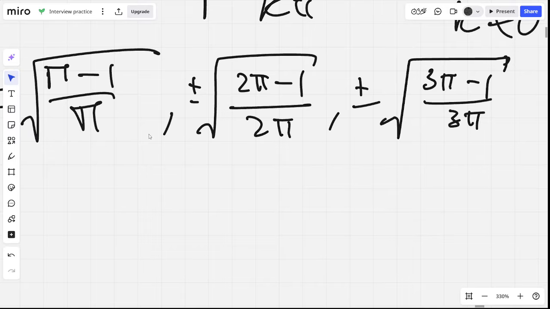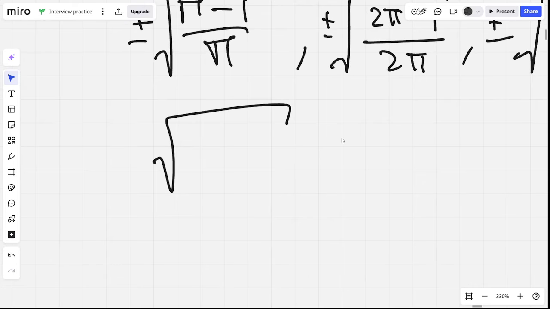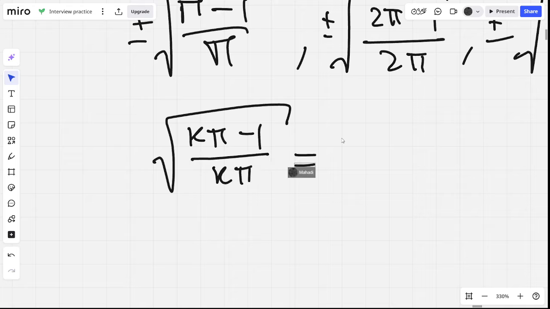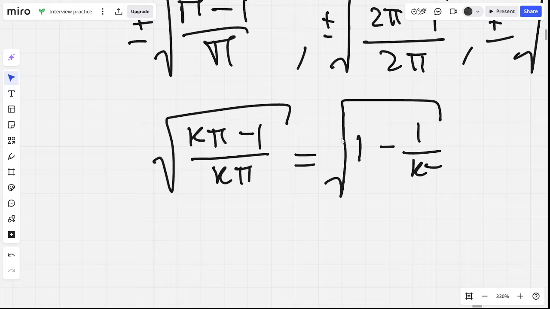If I take, for instance, the general root, I'm going to consider the positive case for now. So I have k pi minus 1 over k pi. I can rewrite this as 1 minus 1 over k pi.